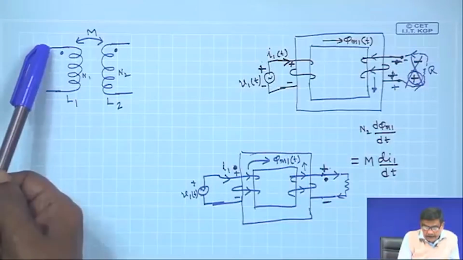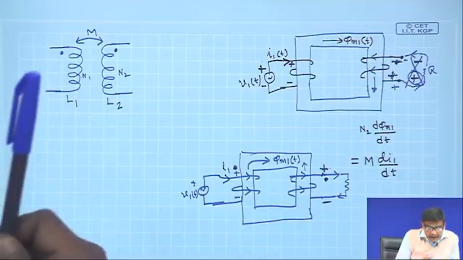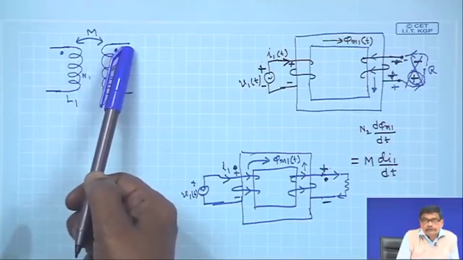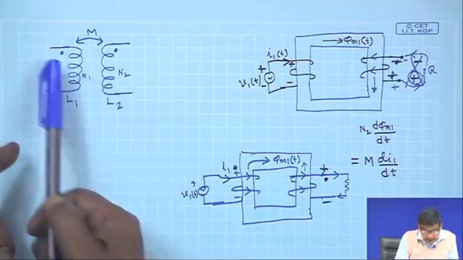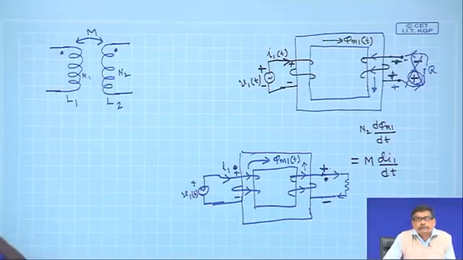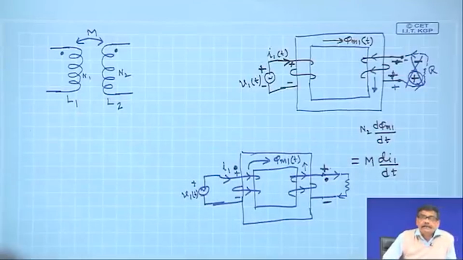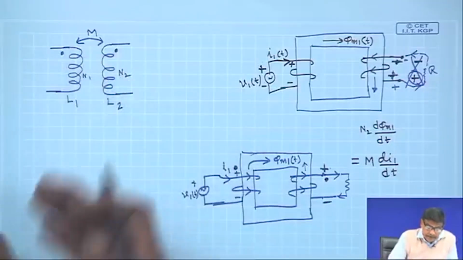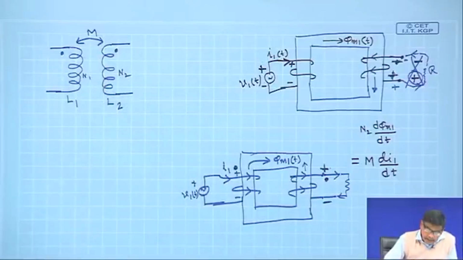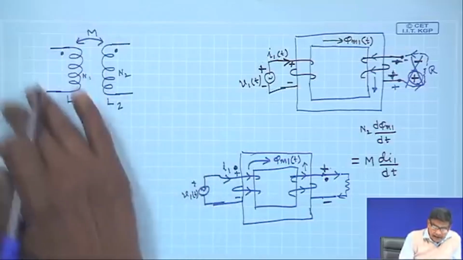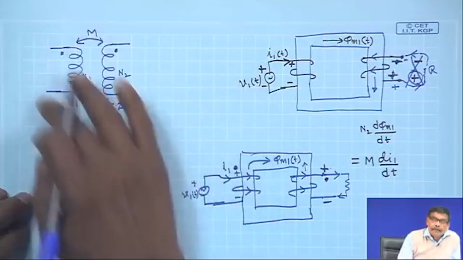If you connect an AC voltage here, if at any instant this terminal is plus, this one too will be plus. If at any instant this is minus, this too has to be minus, and so on. Therefore, we show the instantaneous polarity of the voltage. That is why plus or minus is not written, only dots are written. So, anyway, this is the correct way of representing a coil.